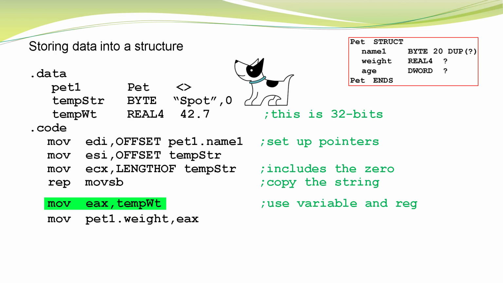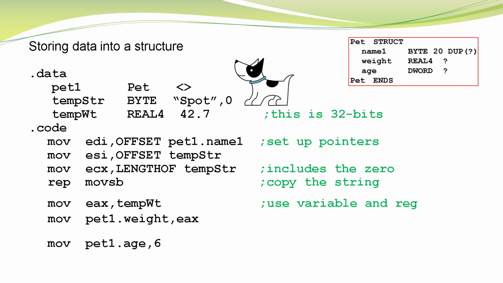That's why in the part 1 video, I chose the real4 data type. It's 32 bits big. Now that I've got the 42.7 value into the EAX register, I can copy that into the wait field, and the assembler is going to be happy again. The only thing left to do is to copy an age into the age field, and for that I use just a simple move instruction.